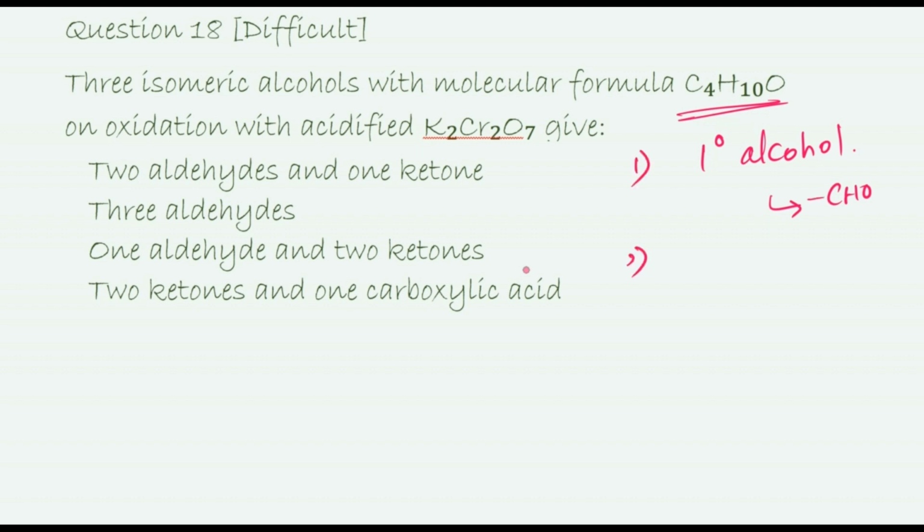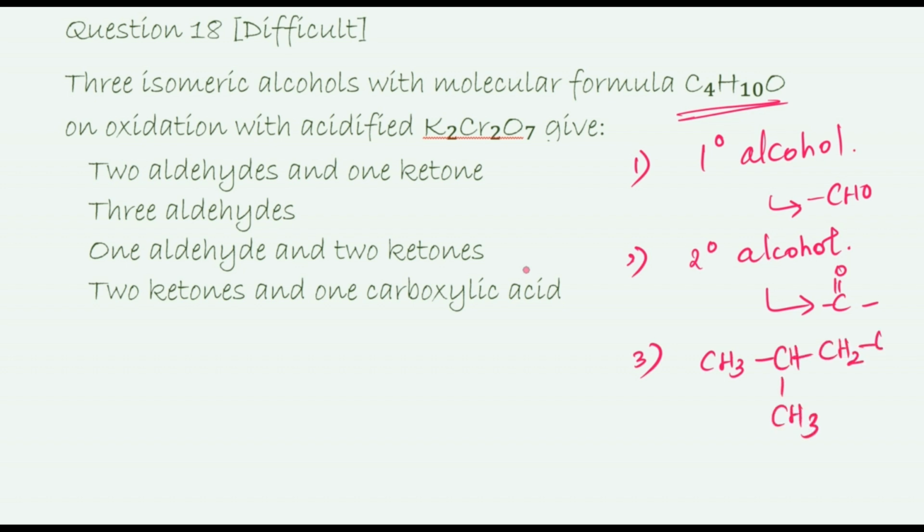Another way of writing it is as a secondary alcohol, second position substituted, 2-butanol, right? In that case, that will give you a ketone. And another way of writing it is the substituted one, like this. Once again, this also comes under primary alcohol. This will give you an aldehyde.